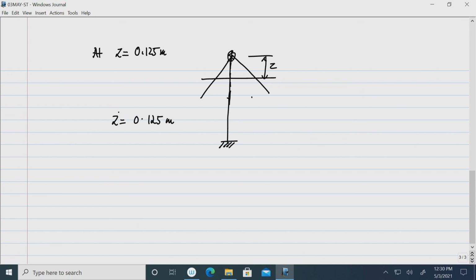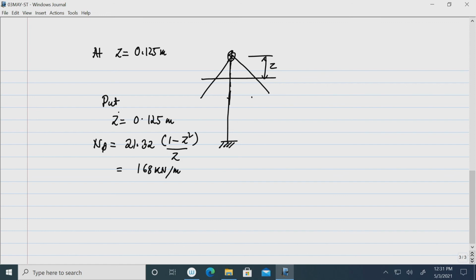Therefore, let us calculate at a distance z equal to 0.125 meter. Put this z equal to 0.125 meter in the expression for N phi that we got earlier, and we get this value as 168 kilonewton per meter.